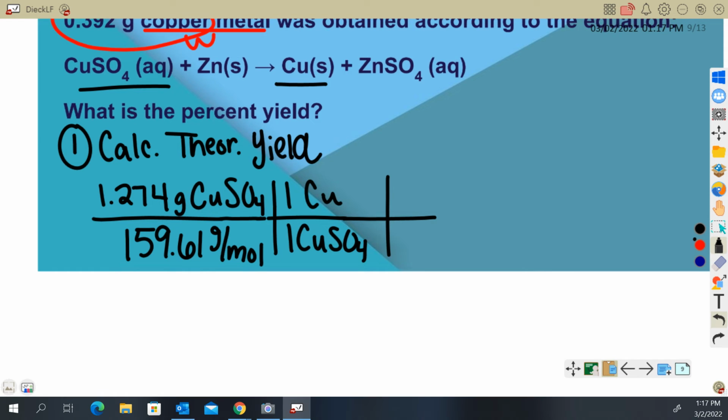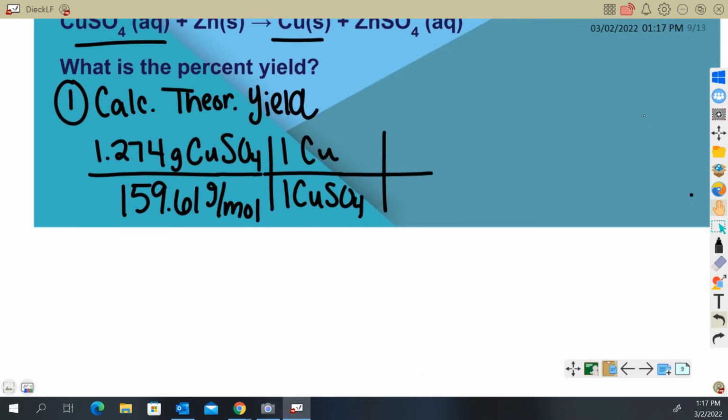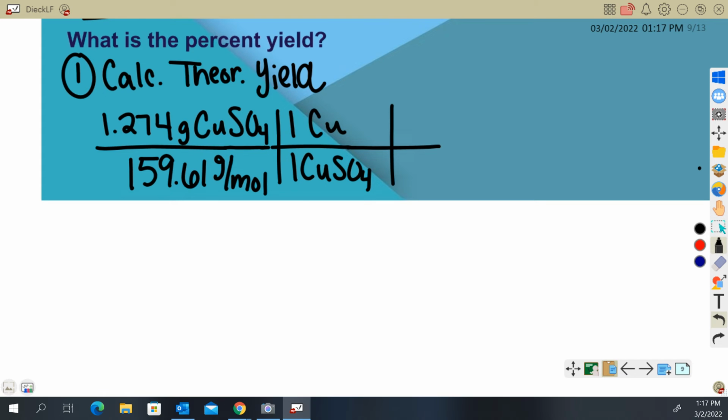Our actual yield, if you look up at the problem, was given to us in grams. So what unit does our theoretical yield have to be in? Grams. So to solve for grams, the last step is to multiply by the molar mass of what I want, the molar mass of copper, which is 63.55.